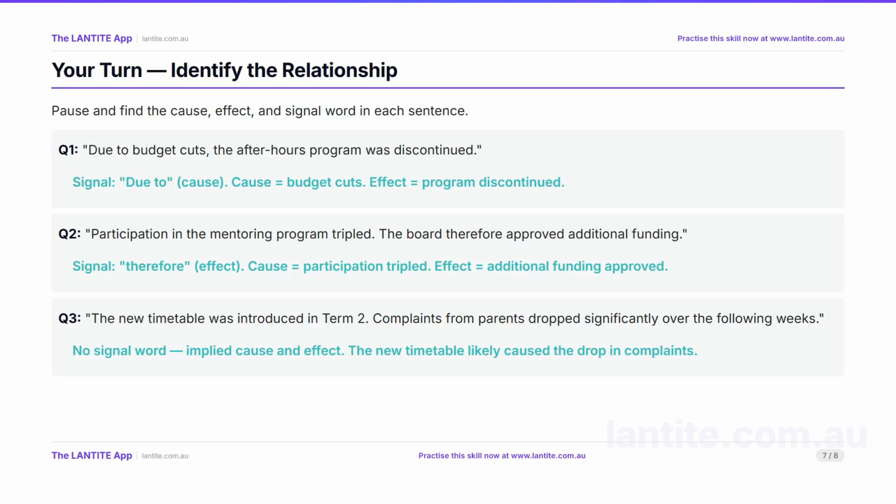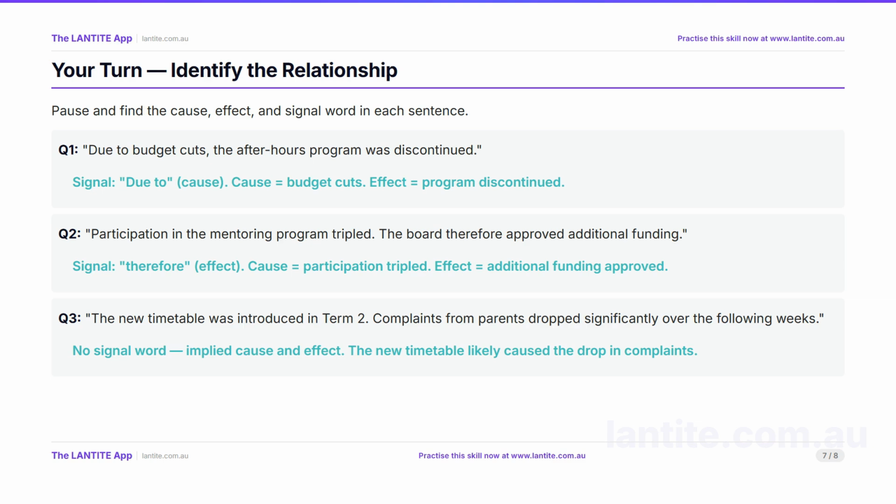Now it is your turn. Pause and work through these 3. Question 1. Due to budget cuts, the after-hours program was discontinued. The signal word is due to, which is a cause signal. It introduces the reason. The cause is budget cuts. The effect is the program being discontinued. Question 2. Participation tripled. The board therefore approved additional funding.